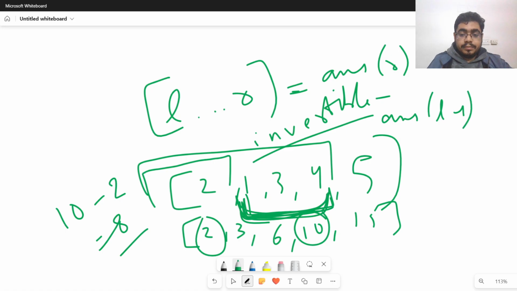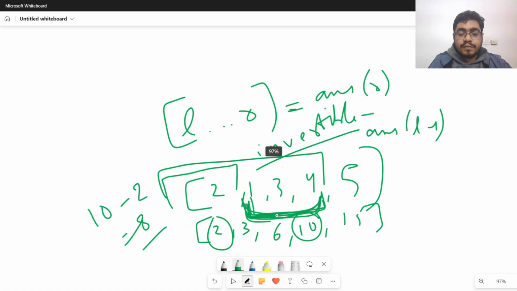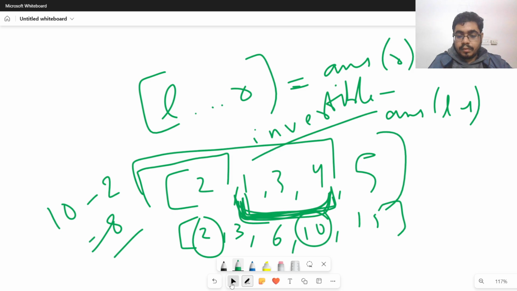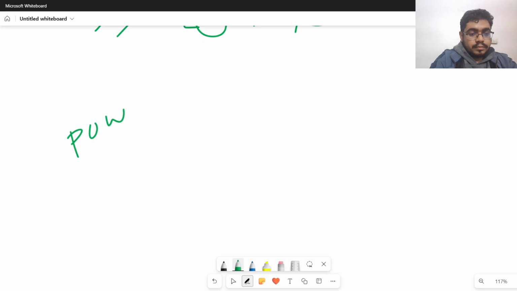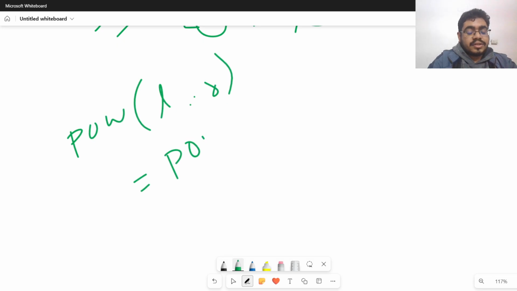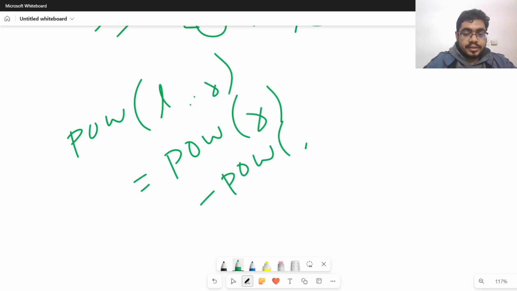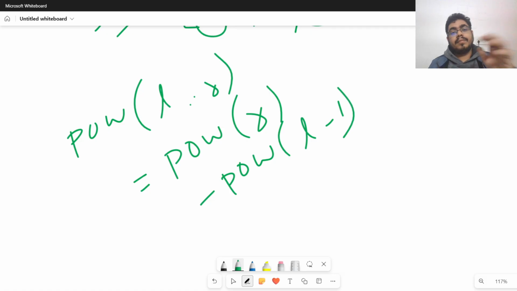So similarly here, if we want to find the powerful integers between L to R, we can just calculate powerful integers up to R and then subtract out the number of powerful integers up to L minus 1.